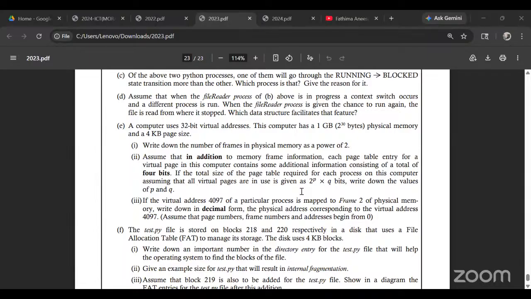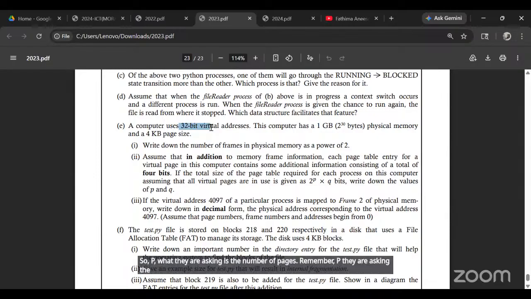Now see the virtual address space they have given over here: 32 bit, right? What they are asking for with p is the number of pages. Remember, p is the number of pages. How do you find the number of pages?